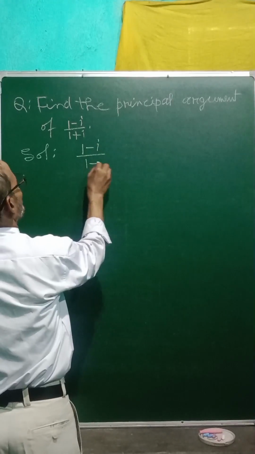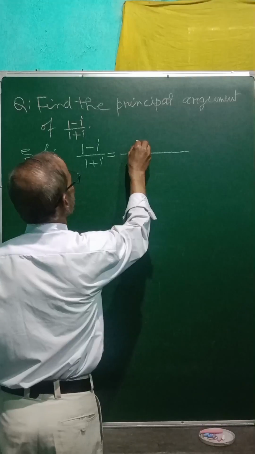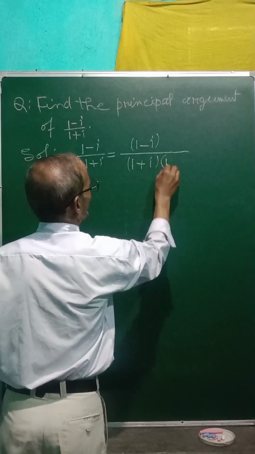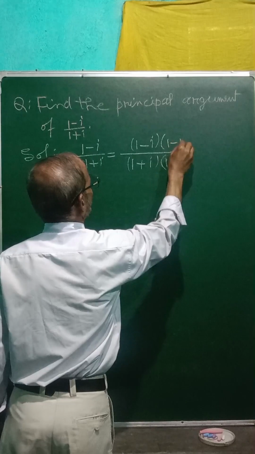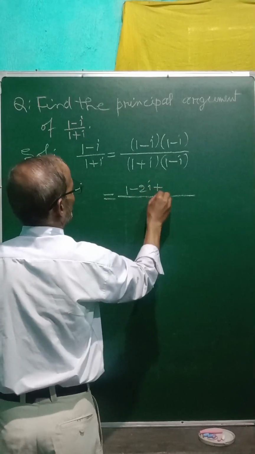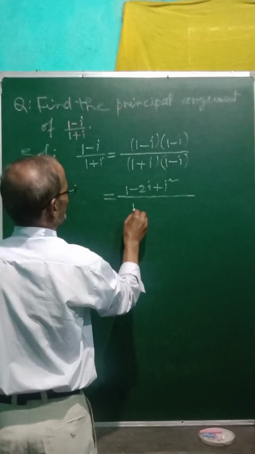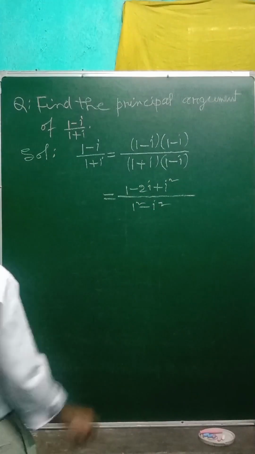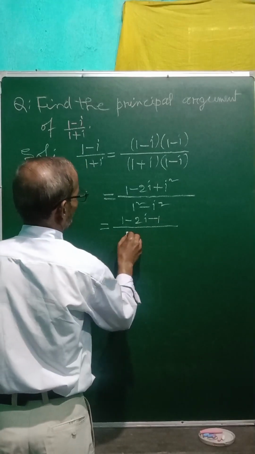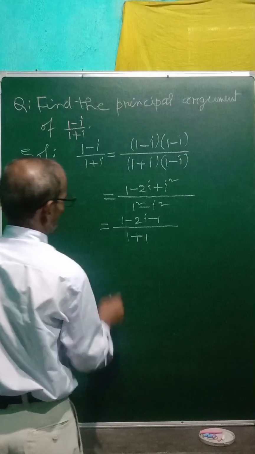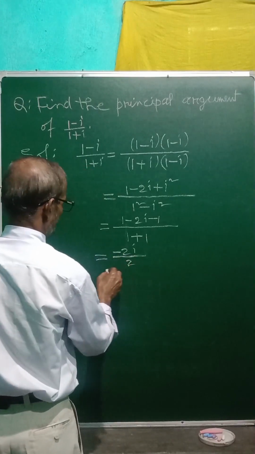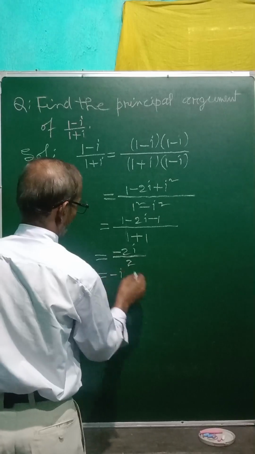Solution: (1 − i)/(1 + i) equals (1 − i)/(1 + i) into (1 − i)/(1 − i), which is equal to (1 − 2i + i²)/(1² − i²), equal to (1 − 2i − 1)/(1 + 1), equal to −2i/2, equal to −i.